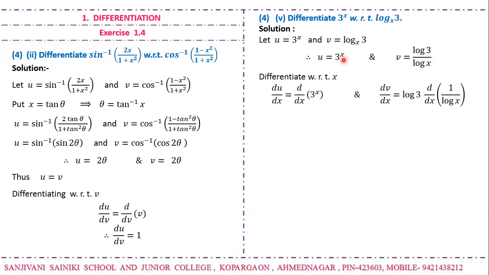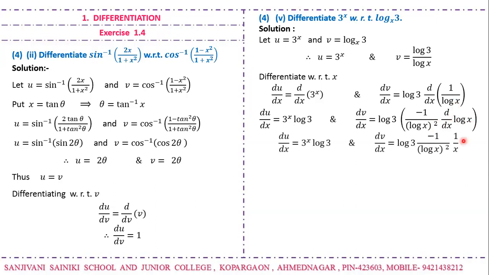The derivative of 3 raised to x is 3 raised to x log 3. For v, log 3 is constant so we can take it outside, and the derivative of 1 upon log x is minus 1 upon log x whole square into d by dx of log x, which is 1 upon x. So du by dx is 3 raised to x log 3, and dv by dx is minus log 3 upon x into (log x) whole square.